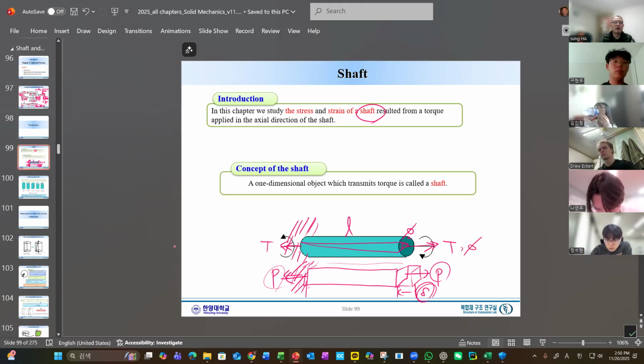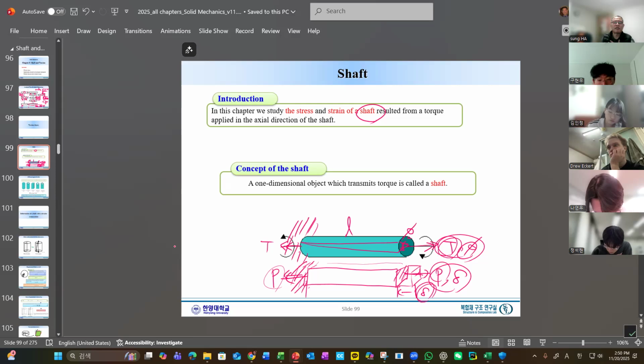So torque and phi, and imagine this is the angle of rotation, and the cross section extended this much. So P and delta are one pair, and torque and phi are another pair: the concept of a force and the concept of deformation. So that is the shaft.